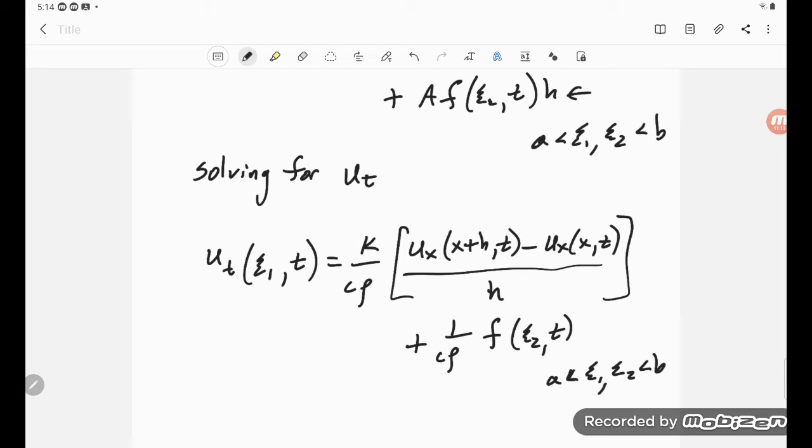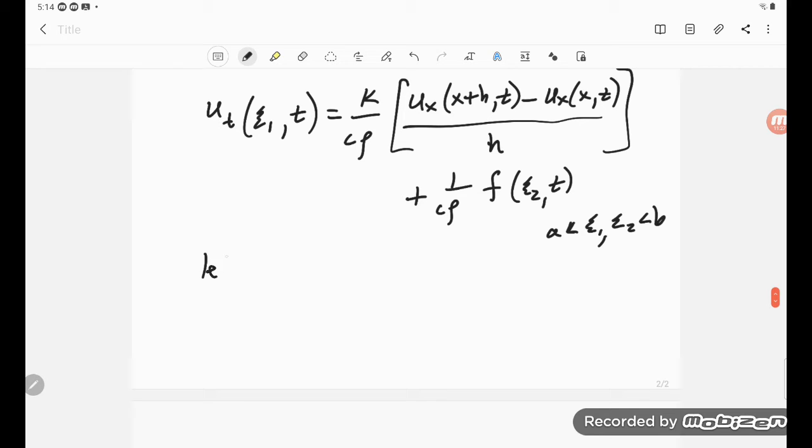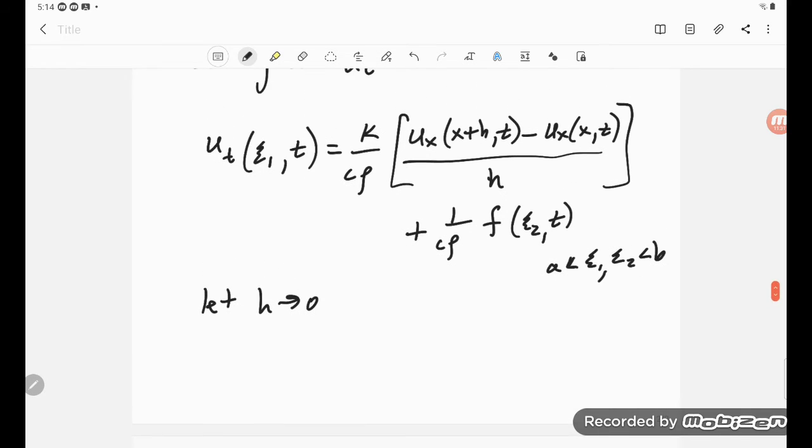Okay, they ended up changing the C1 and C2 to the same. That's not correct yet. But now let h go to 0, or delta x go to 0.